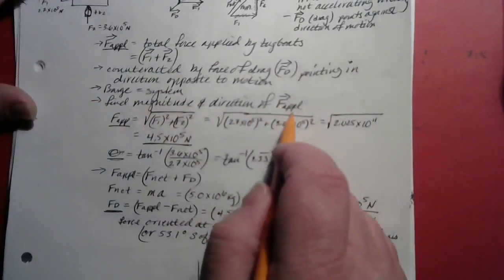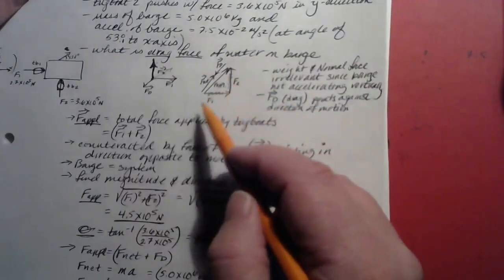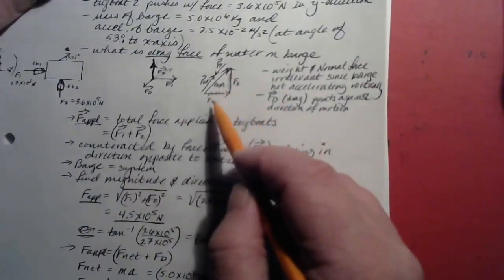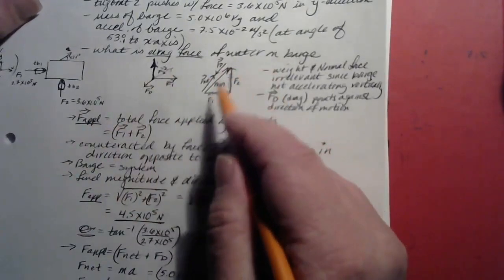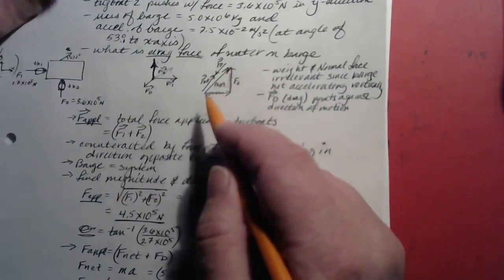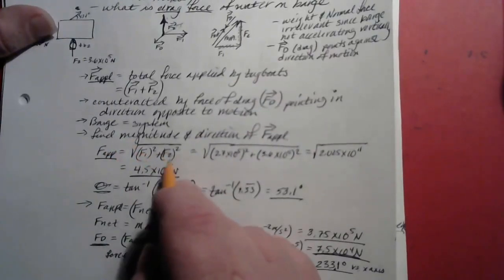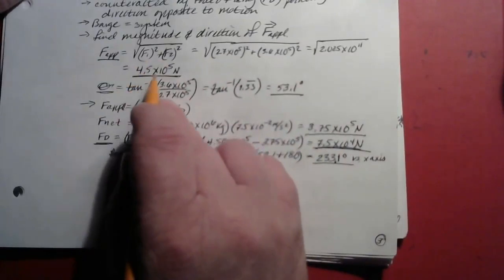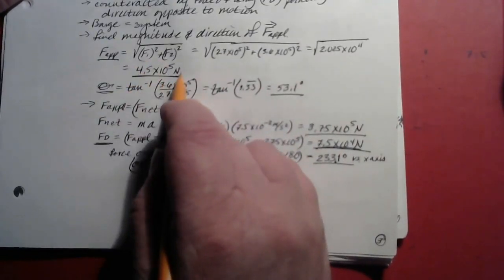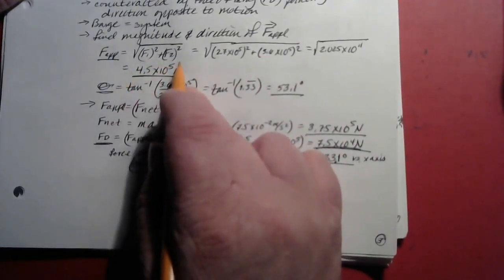You can find the magnitude and the direction of the applied force just by using the Pythagorean theorem, because like I showed, force one and force two make a right triangle. So the applied force would be the hypotenuse. That is the square root of F1 squared plus F2 squared, which works out to 450,000 newtons. So the applied force is 450,000 newtons.